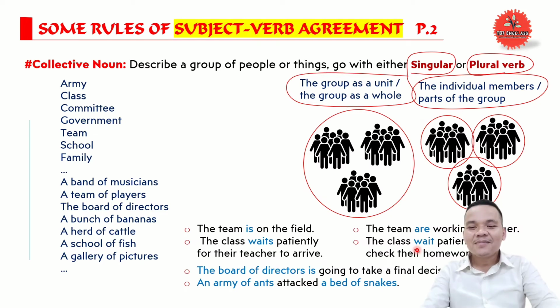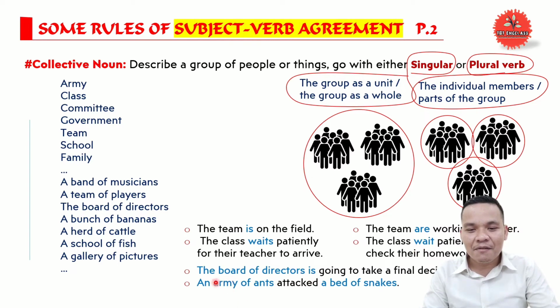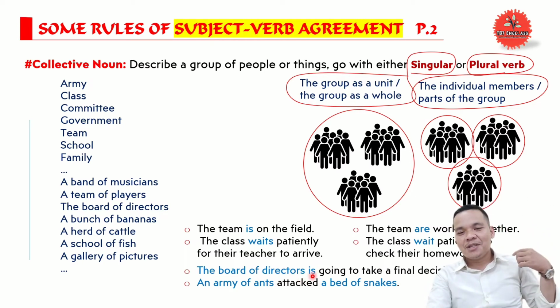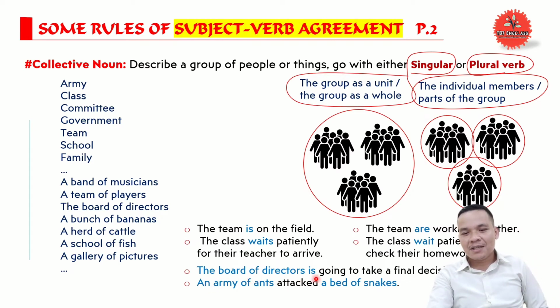See, I look at another one with the phrases. All right, the board of directors, you can see here the board of directors. Directors, not only one director, but why do I choose a singular verb here? Because I'm talking about a group of directors. The board of directors is going to take a final decision on this issue.